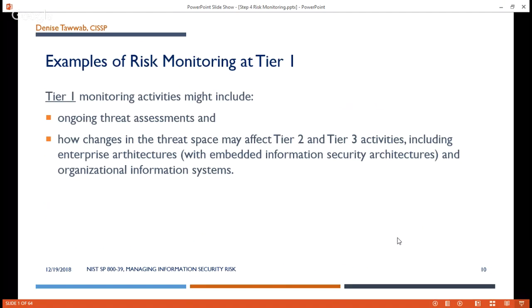You still have to continue to monitor the environment. And so at Tier 1, somebody is still surveying the landscape for ongoing threats. So we're doing ongoing threat assessments and how changes in the threat space may affect Tier 2 and Tier 3 activities, including your enterprise architecture and your information systems.